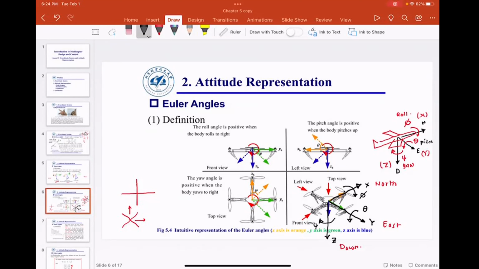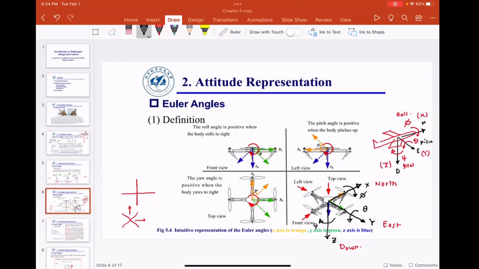What do I mean by pitching? Pitching means around the east axis, the front is going up and the back is going down. What do I mean by rolling? Positive roll means the right hand side is going down, left hand side is going up.